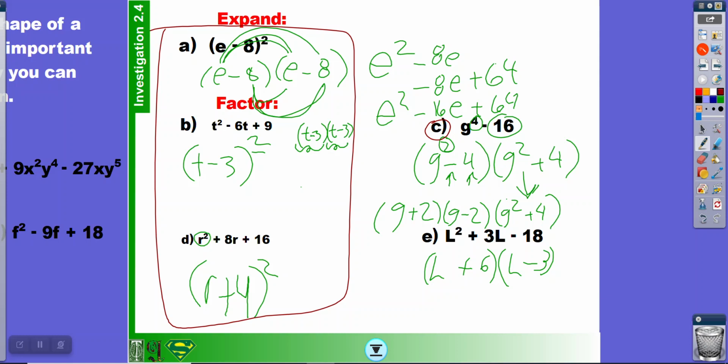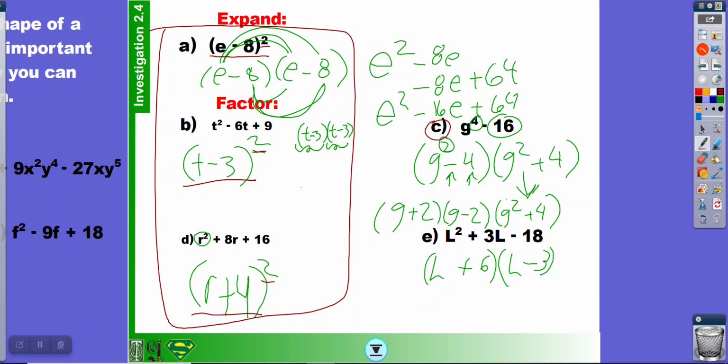Abby, what are they? Square binomials. They're all square binomials. And I know that because in factored form, I have a binomial that is squared. Binomial that is squared. Binomial that is squared. Now, there is a shortcut for square binomials.